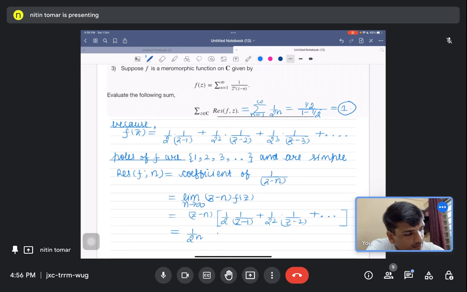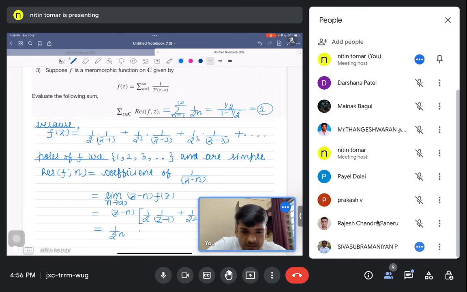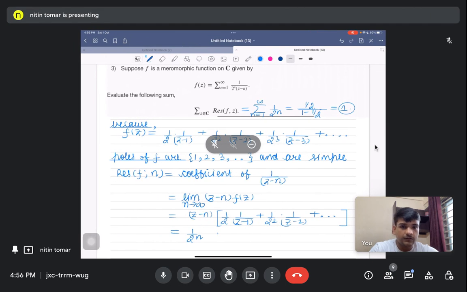Is this clear? Sir, I have another approach to find the residue for this function. Just now we saw that the residue of a sum of two functions is equal to the sum of the residues of the two functions.